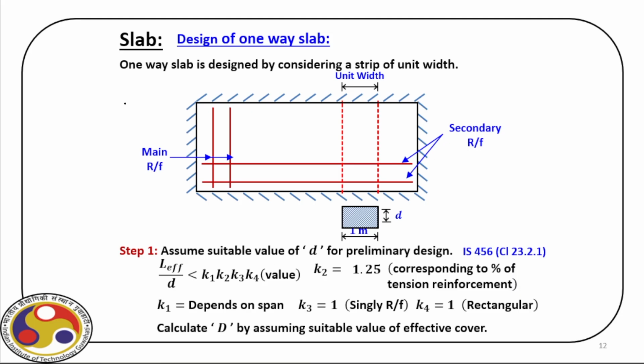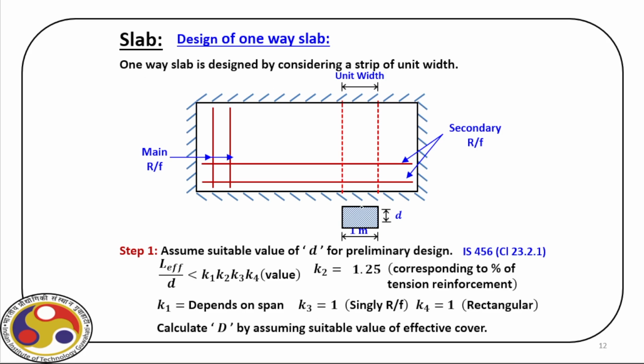So let us consider the design of a one-way slab and let us do it step by step so that we can identify what are the different calculations that you have to perform before we select the diameter of the main bars and the secondary bars and their spacing. So as you can see on your screen, we have a one-way slab.